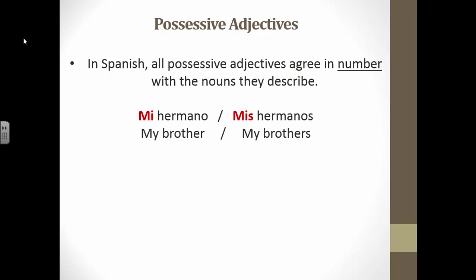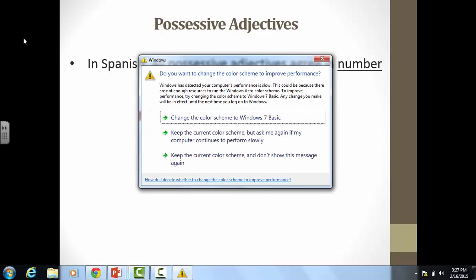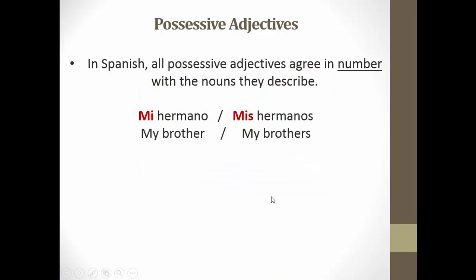In Spanish, all possessive adjectives agree in number with the nouns they describe. So for example, mi hermano means my brother, but if you have more than one brother, you have to make the possessive adjective plural. So my brothers would be mis hermanos. Because hermanos is plural, you have to make mis plural. Okay, so notice the difference here.